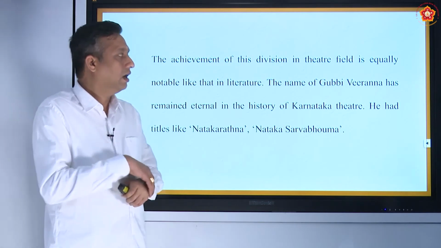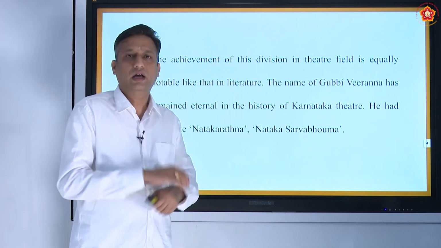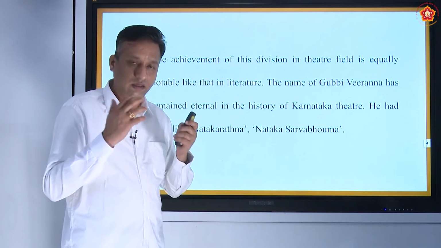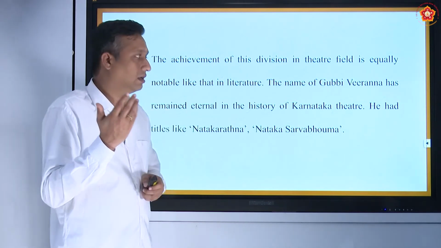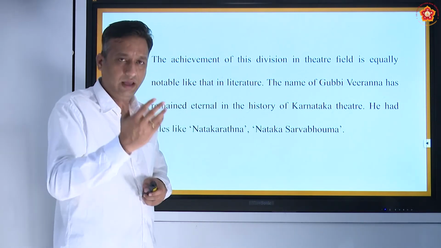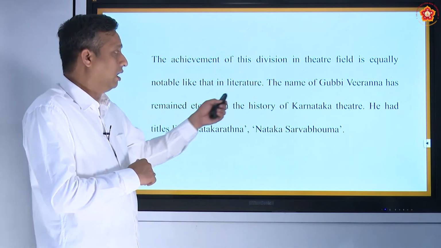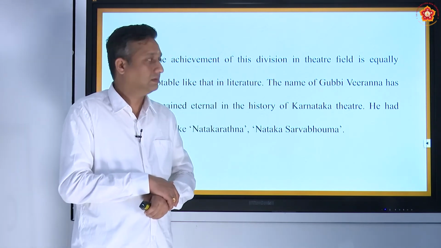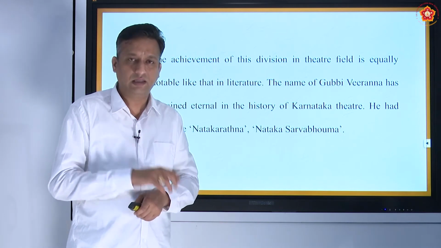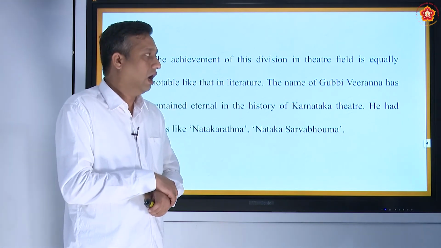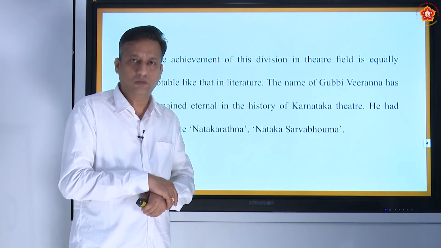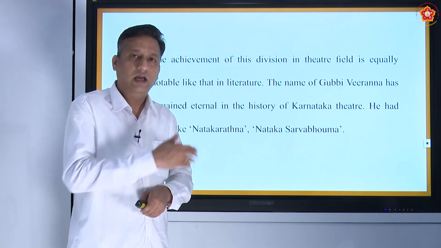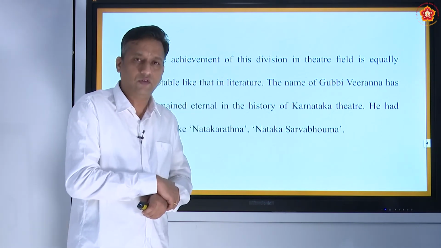So then in the field of theatre or Ranga Mandira, where dramas are enacted, so that it will have an influence on the people. So example, the name of Gubbi Veeranna. So Gubbi Veeranna, Gubbi is a place in Tumkur district. Our great actors like Rajkumar and many other actors were working in the company of Gubbi Veeranna.